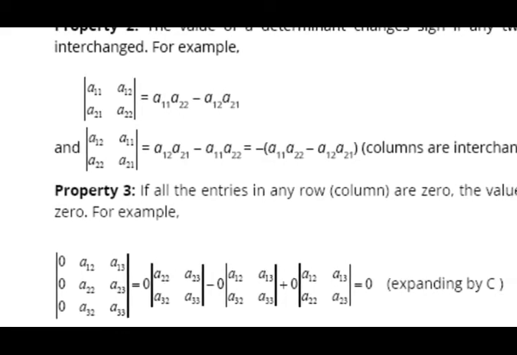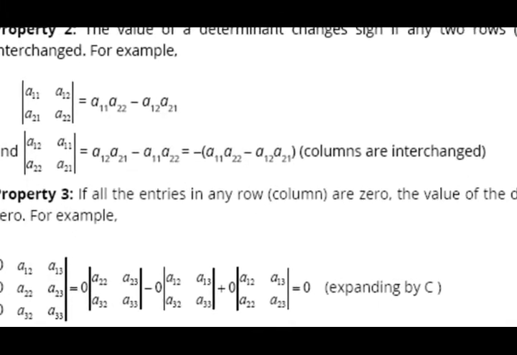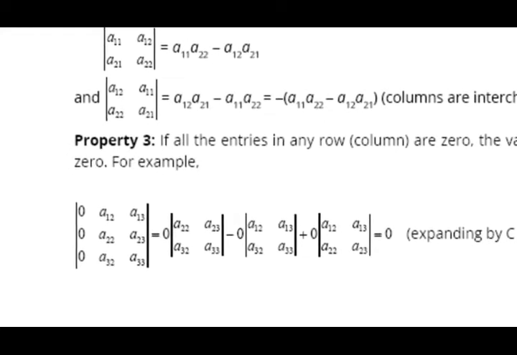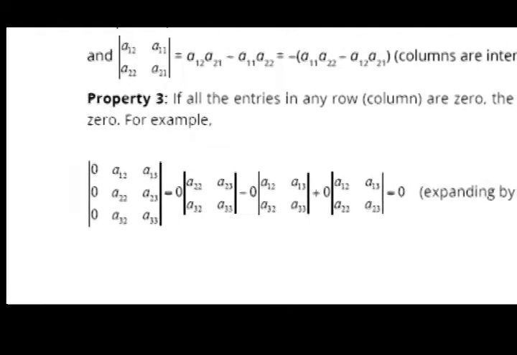If all the entries in any row or column are 0, then its determinant is 0. We expand here with column 1, and the determinant is 0. If we expand it from any row or any column, the answer is 0, because all entries in the first column are 0.